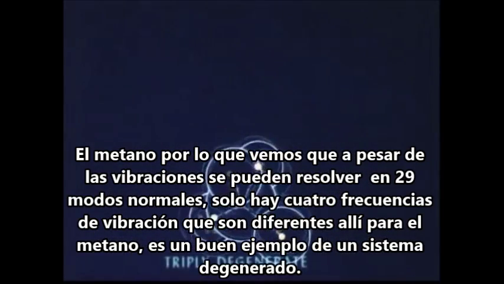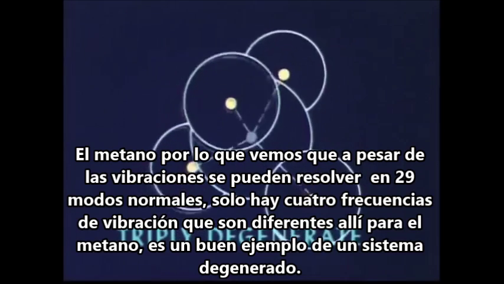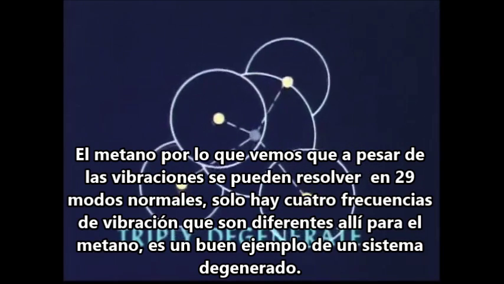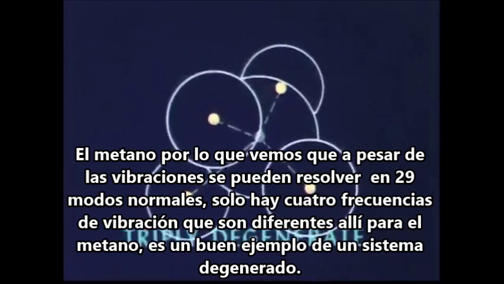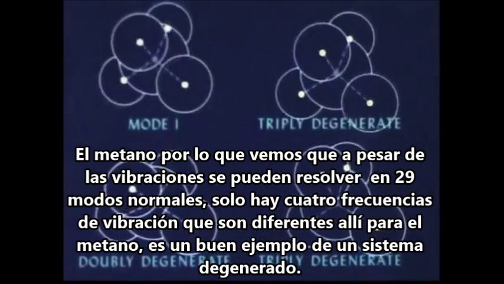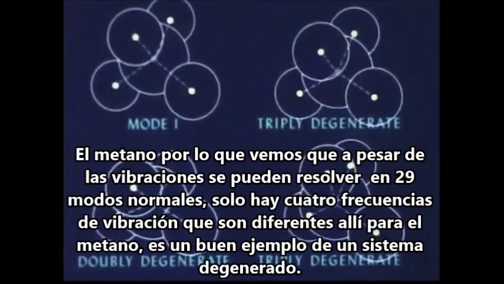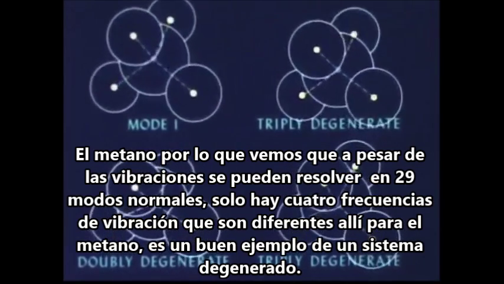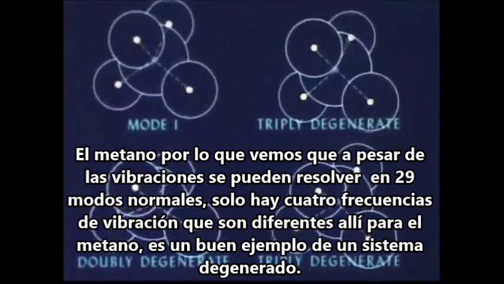This is the triply degenerate bending vibration of methane. So we see that though methane vibrations can be resolved into 9 normal modes, there are only 4 frequencies of vibration that are different. Therefore, methane is a good example of a degenerate system.